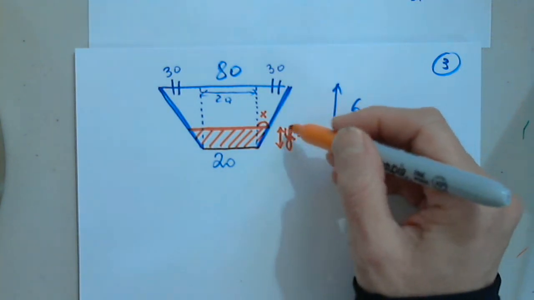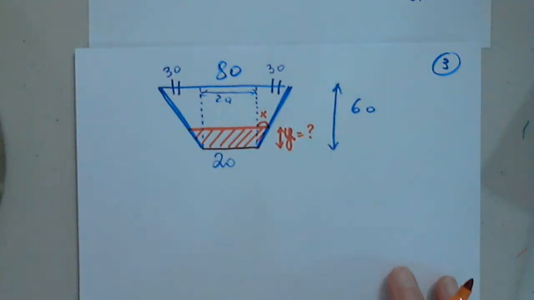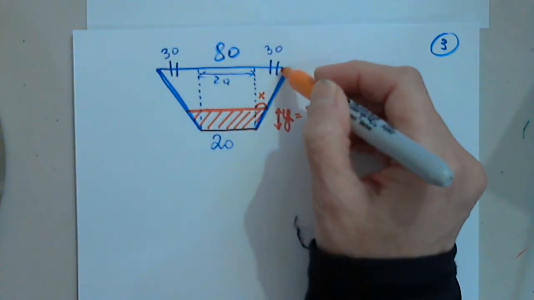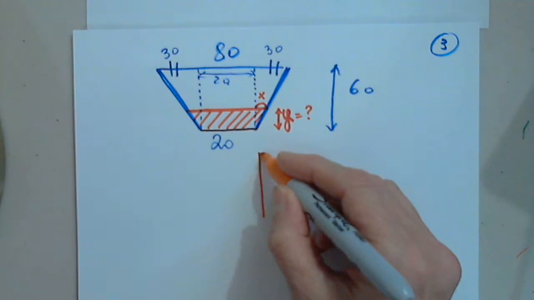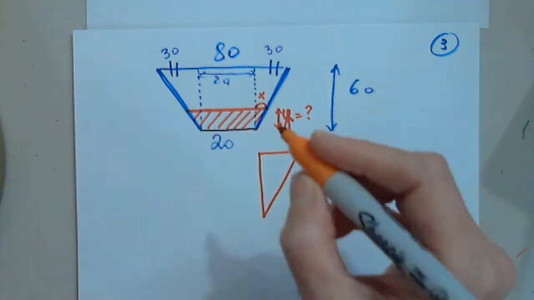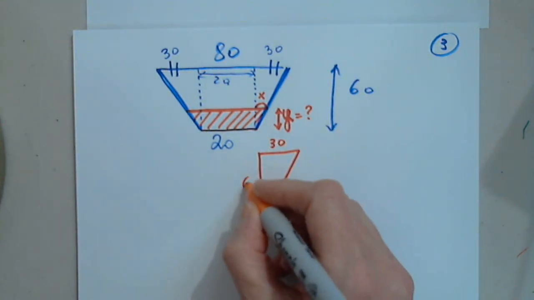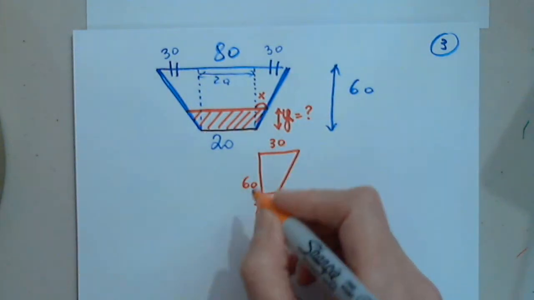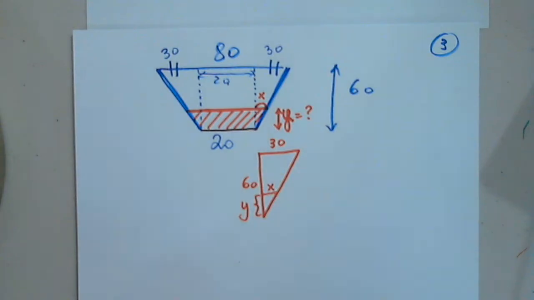So now I'm going to take this triangle outside. Here it is. This piece is 30. This piece is 60. This piece is the y. And this piece is the x.